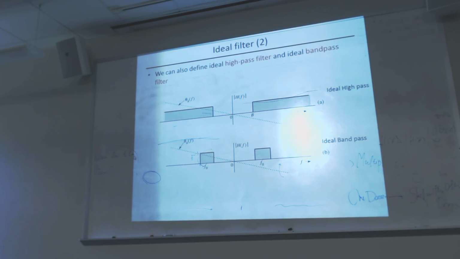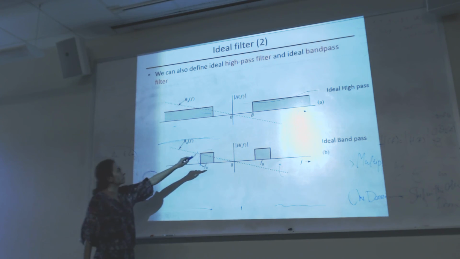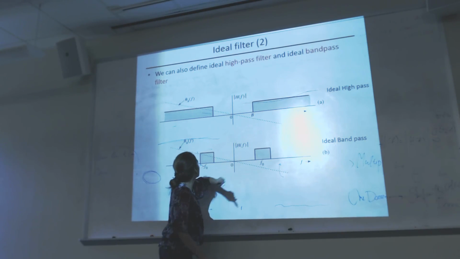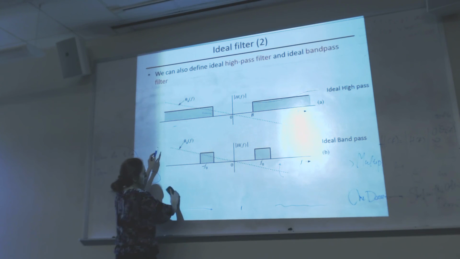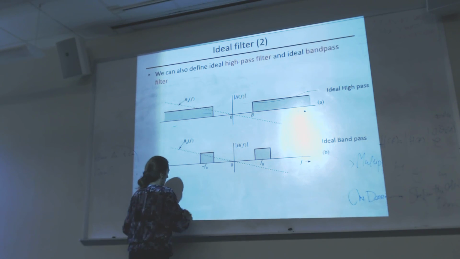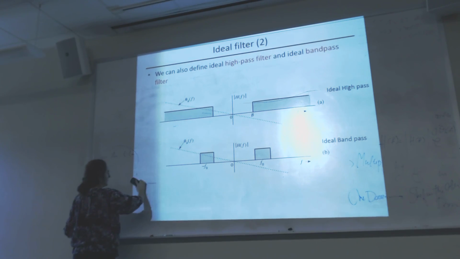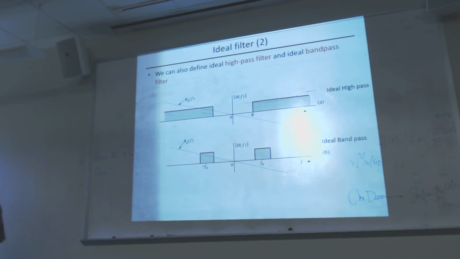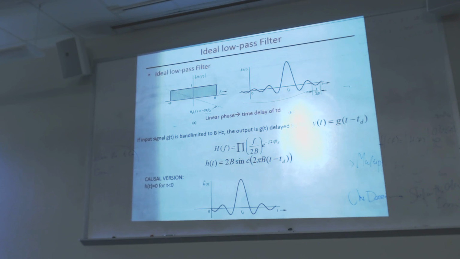Okay, and these are the examples for a high-pass filter with a linear phase and a bandpass filter with linear phase. Again, linear phase is something that is okay with us. We cannot design a system which doesn't have any phase, and this is the reason.